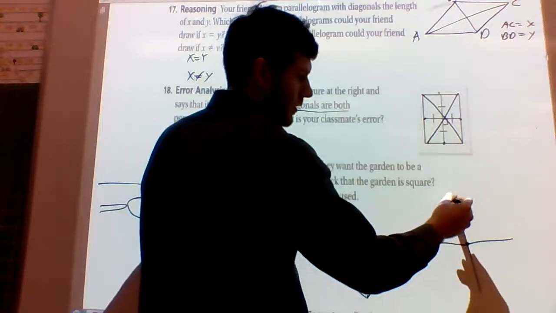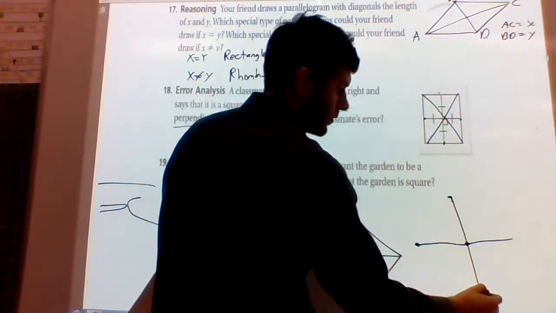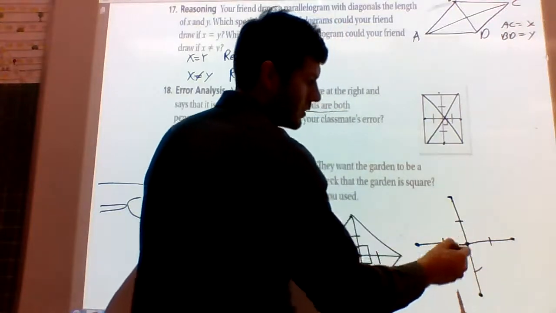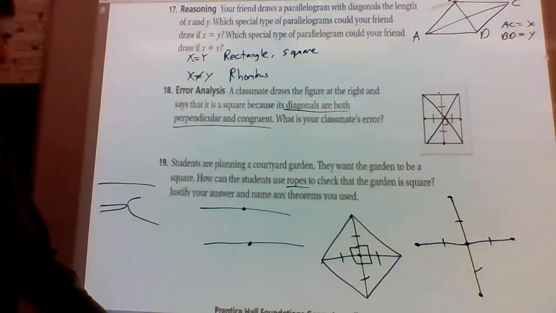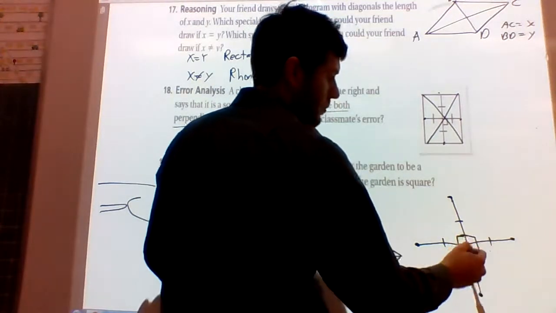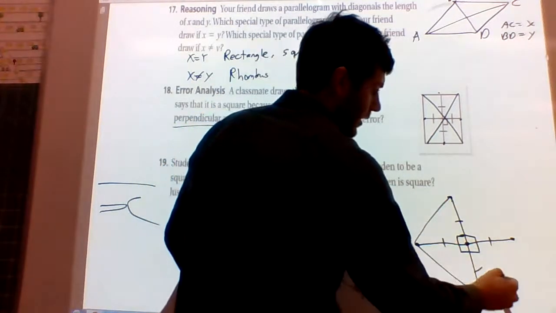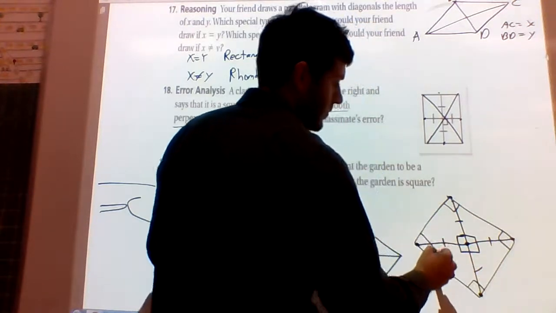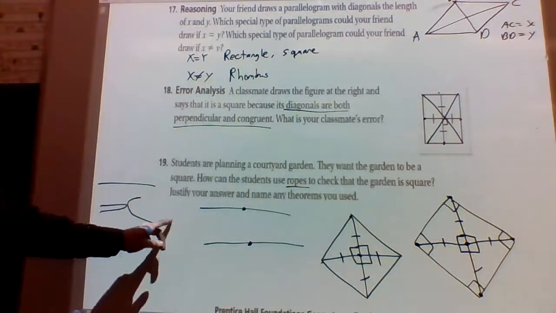Okay. And then those four points are going to be your four vertices of your square. This way we know all four of these parts are the same, right? Those ropes are the same length. Okay, and we know we're making them a right angle perpendicular, so we know we have a square. So that's how you do 19.